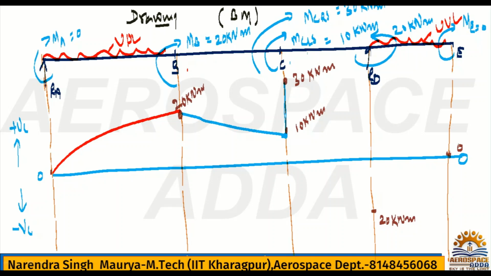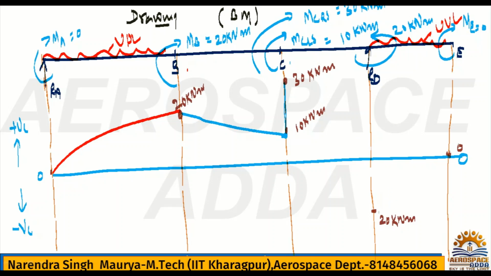Left side means before, and right side means after. So first you meet the before point, then go for the after point, 30 kilonewton meter.